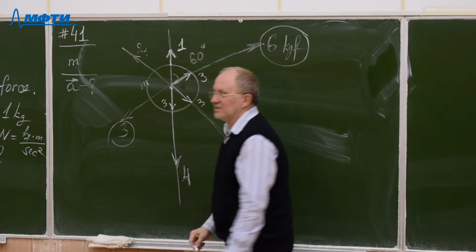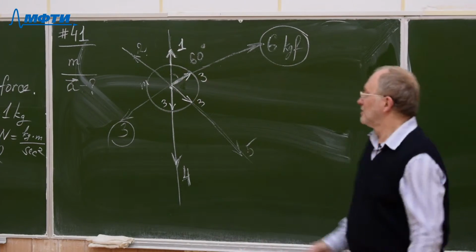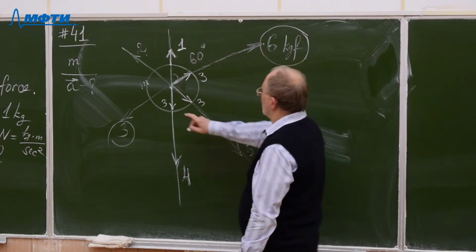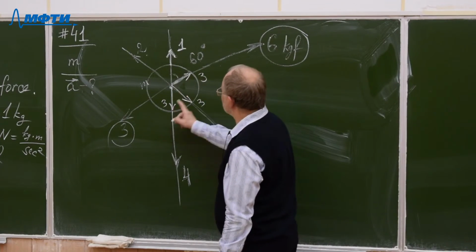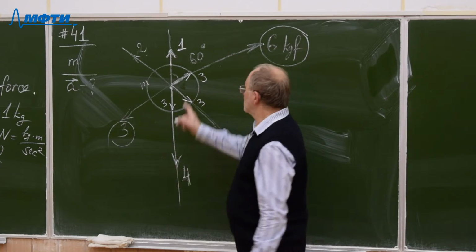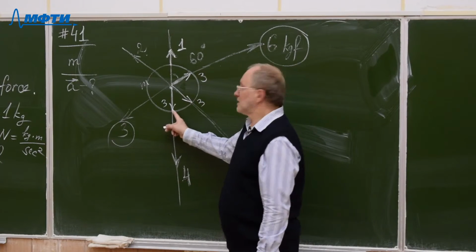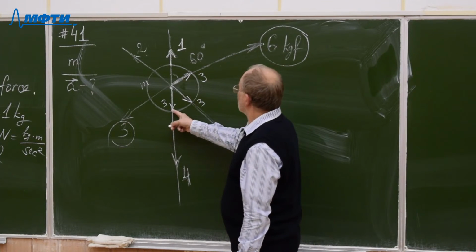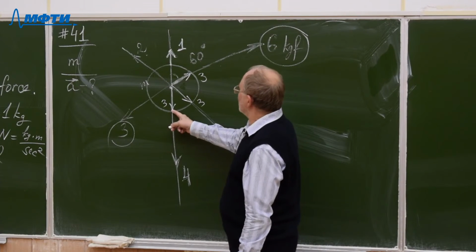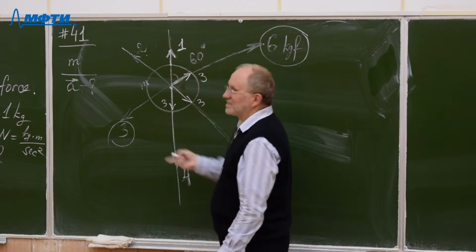So after combining 6 forces by pairs, we obtain 3 resultant forces. These 3 forces act in the same way as the 6 original forces.